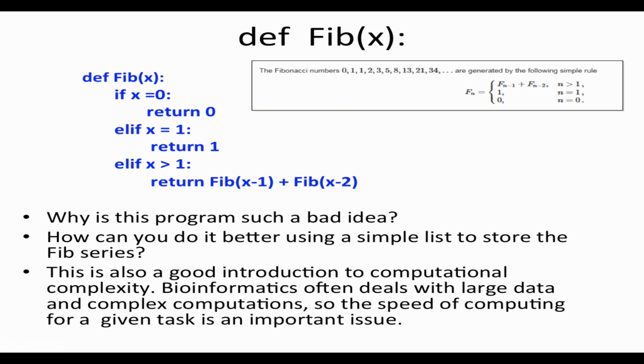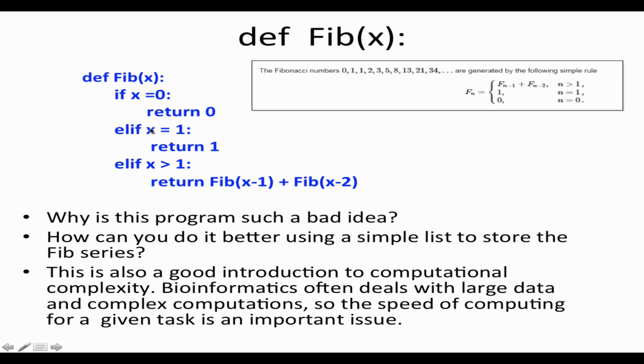All right, here's a little help. The Fibonacci numbers here, def fib. So this is my fib function. If x is 0, return 0. So fib of x when x is 0 returns 0. If x is 1, fib of 1 returns 1.